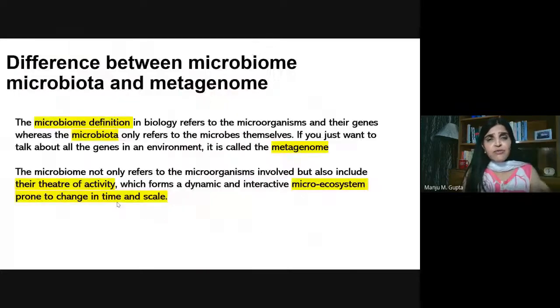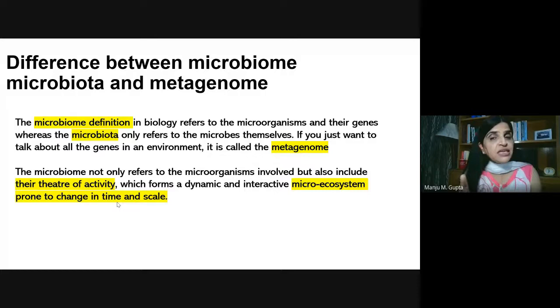I always thought that before we begin talking about the rhizosphere microbiome, the meaning of these three terms should be absolutely clear to everyone. What is metagenome? What is the difference between metagenome and microbiome? What is microbiota? By definition, microbiome refers to the microorganisms and their genes together. Microbiome also includes the theater of activity which is happening in that region.